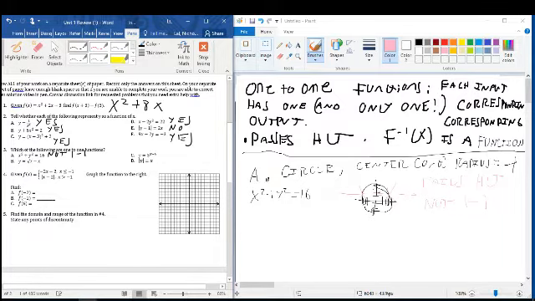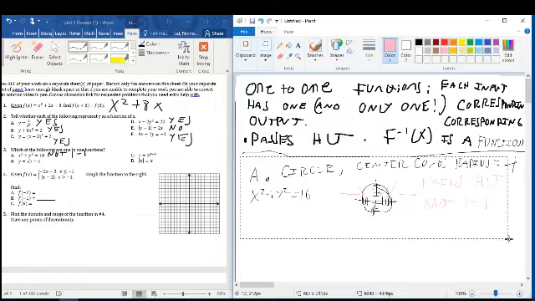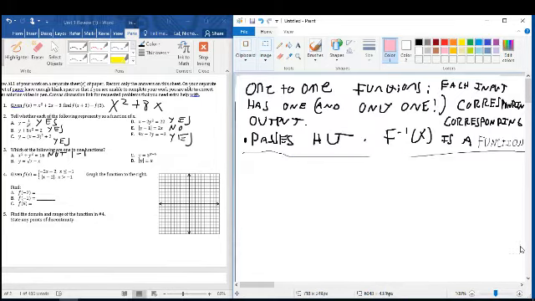So that's A. That's not one-to-one. For B, y is equal to the square root of 7 minus x. Is that one-to-one?